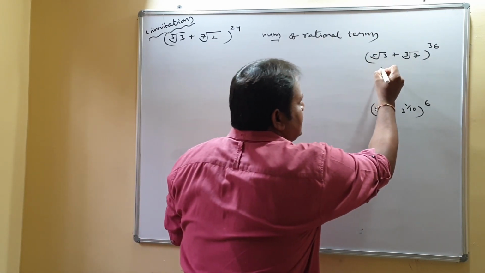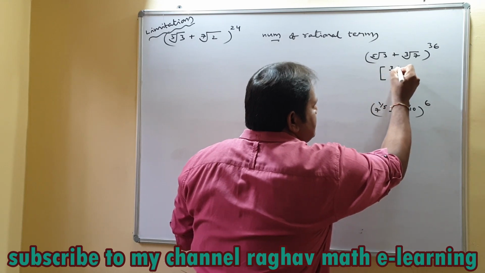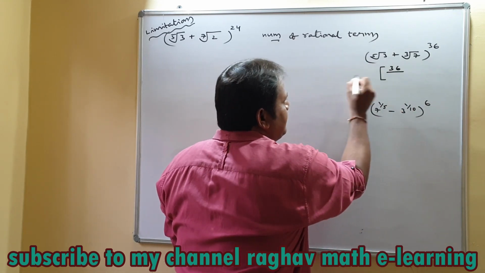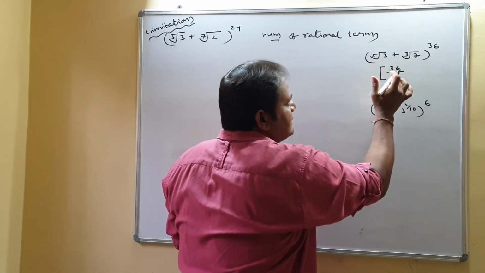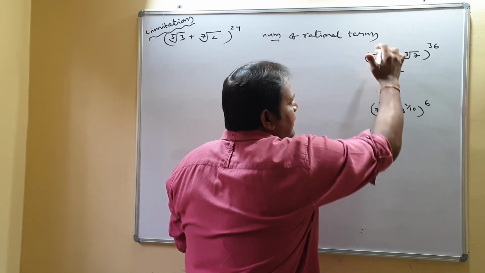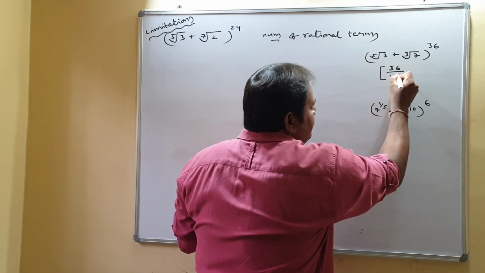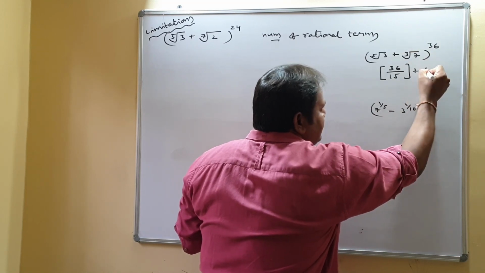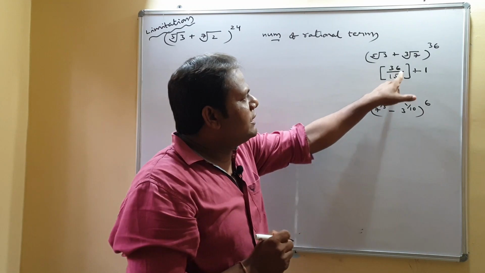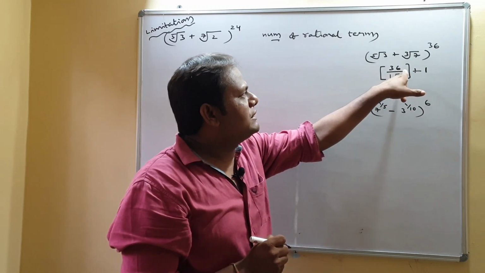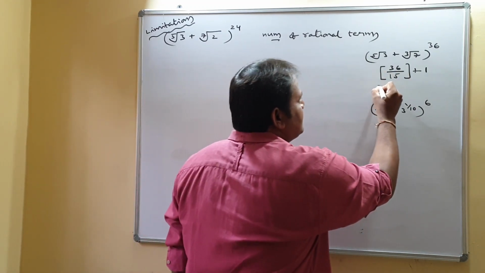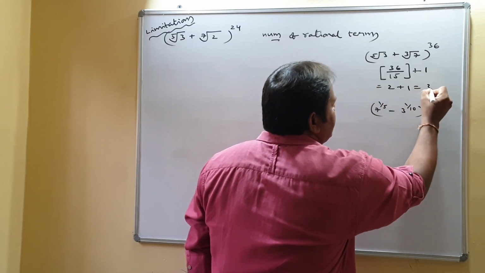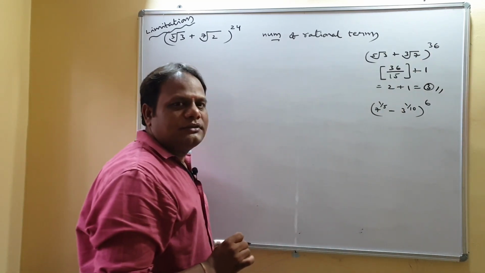You can apply our shortcut and give the answer, step 36 by LCM of 5 and 3, to get the number of rational terms. It is 15, and 36 is completely divisible by 3, so we take plus 1. Here it is 2 point something, so step 2 point something is 2. So 2 plus 1. The number of rational terms is 3.